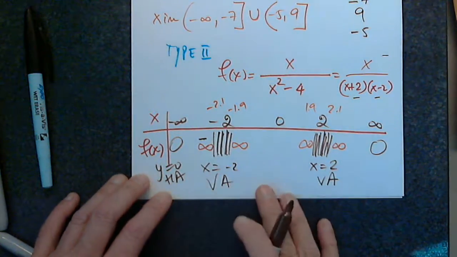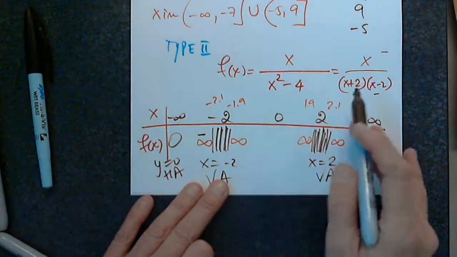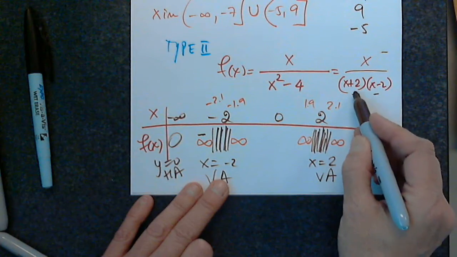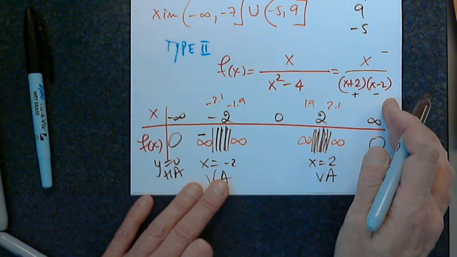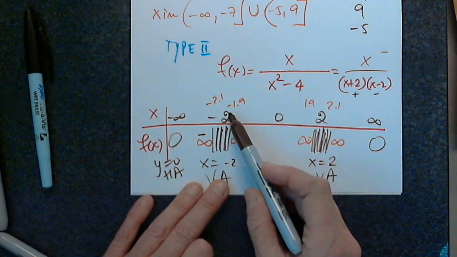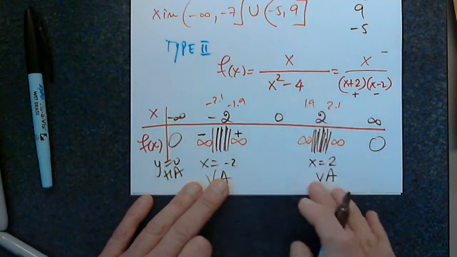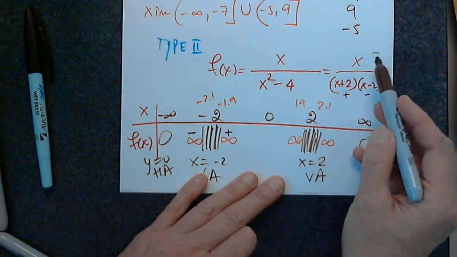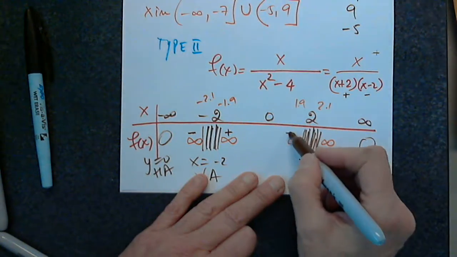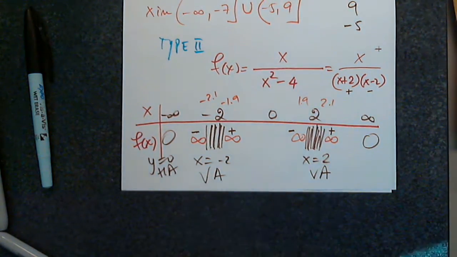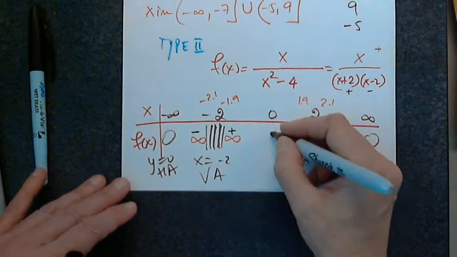So it's negative. With negative 1.9, negative, positive, but negative. I just replace x by negative 1.9. So this will be positive. On this side with 1.9, positive, positive, but negative. And with 2.1 it's all positive. And this is 0.